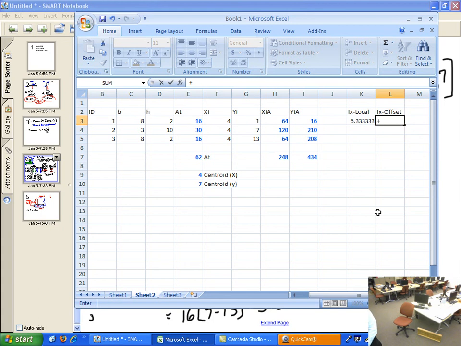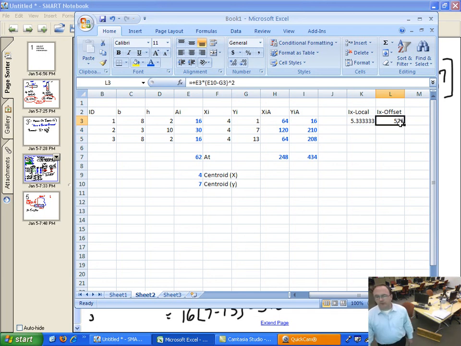Actually, this is just I plus the area times the distance of y global minus y local, squared. Now, everything else I've been doing has been relative to that position.